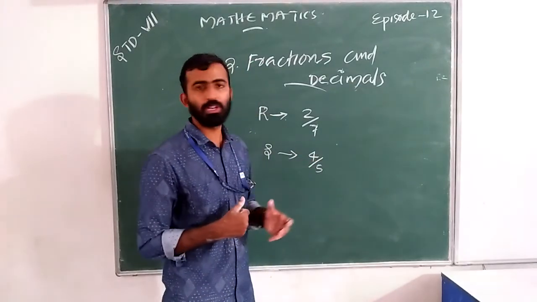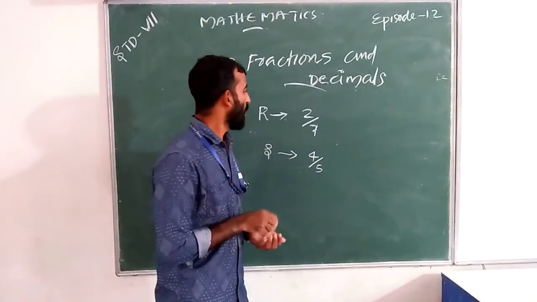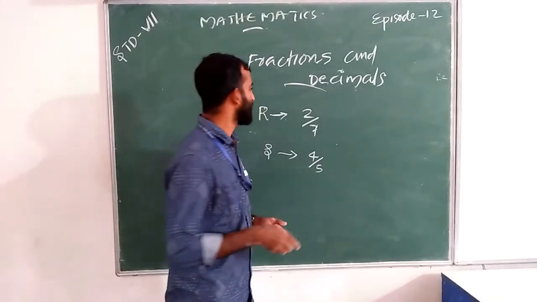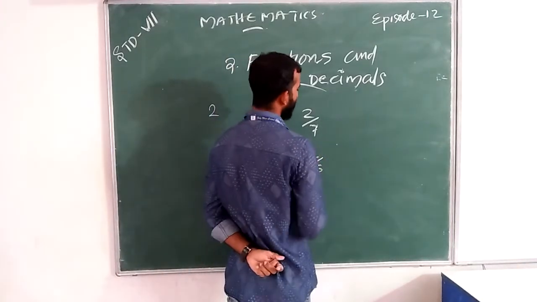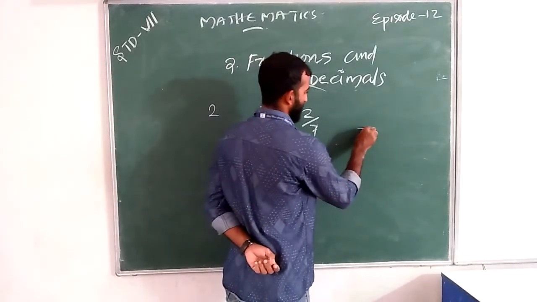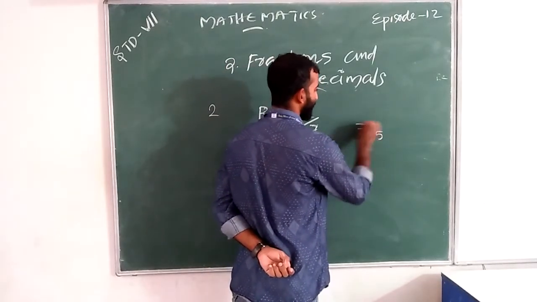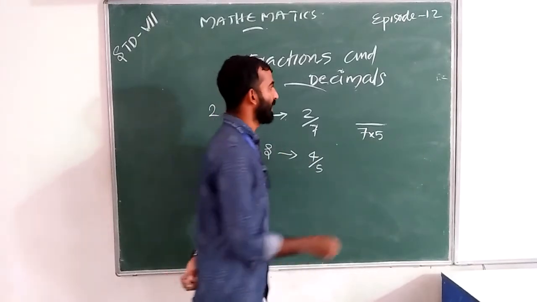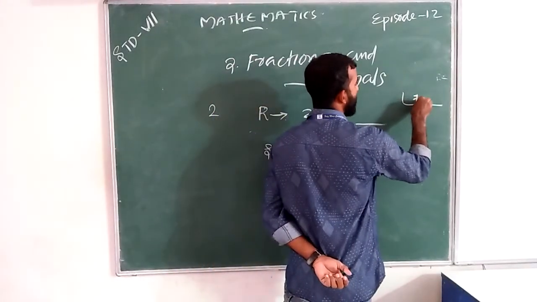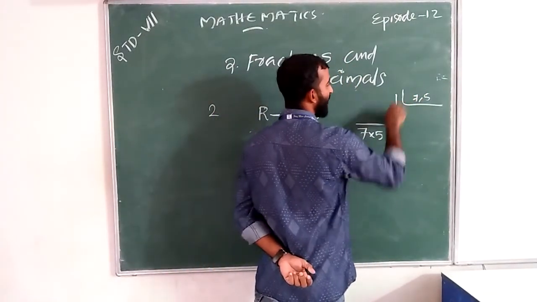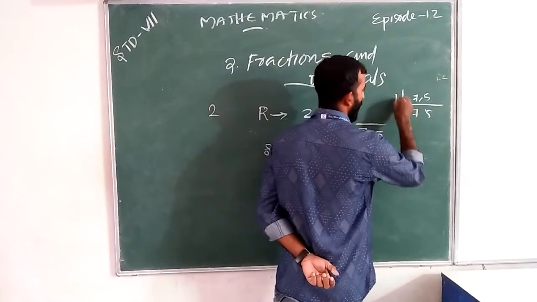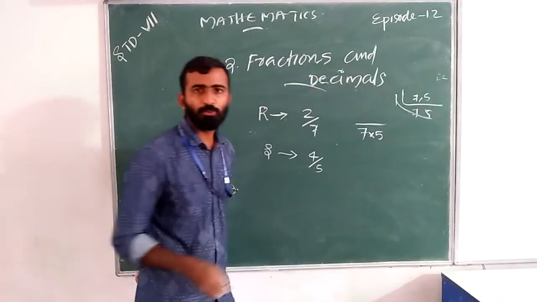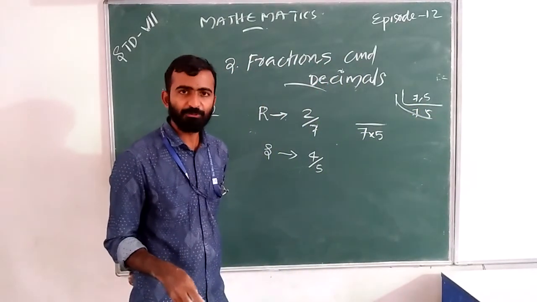We change the denominator to be the same. So we take 7 into 5. That is, we take the LCM. LCM means least common multiple. Here the common factor is 1, so 1 into 7 into 5, we get 35.